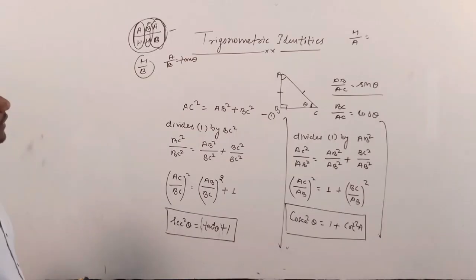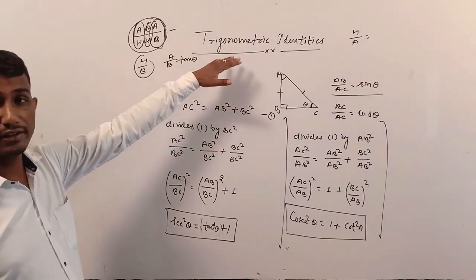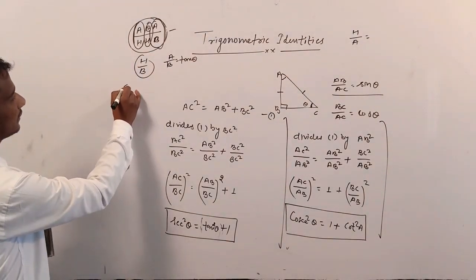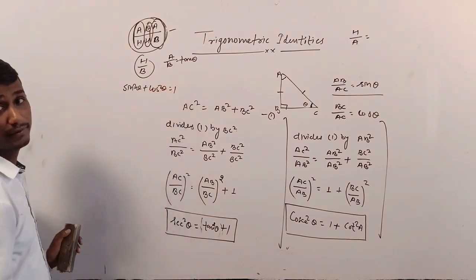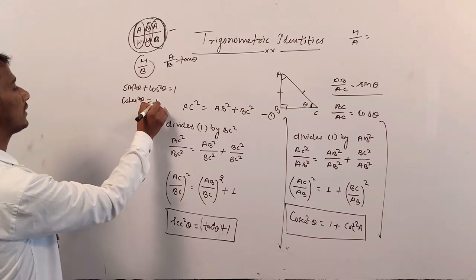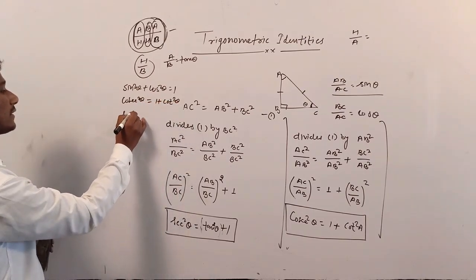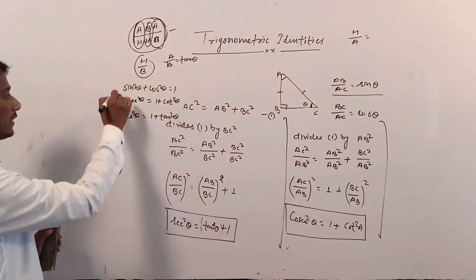In class 10, only three identities are given. First is sin square theta plus cos square theta equals 1. Second is cosec square theta equals 1 plus cot square theta. And third is sec square theta equals 1 plus tan square theta.